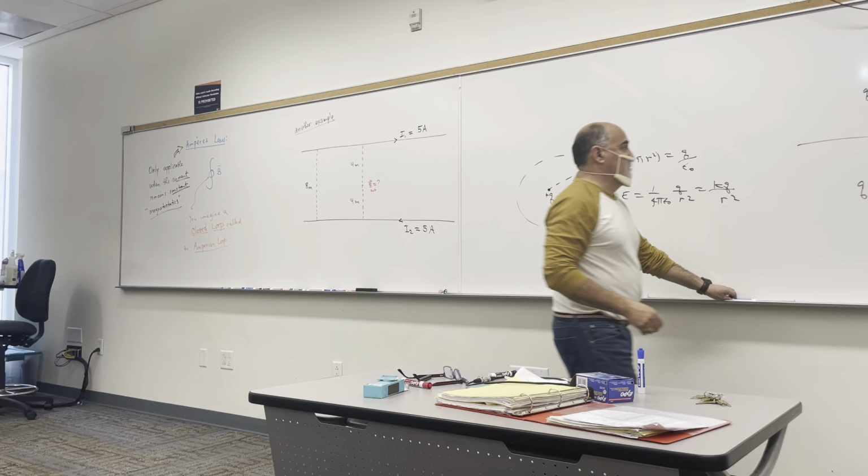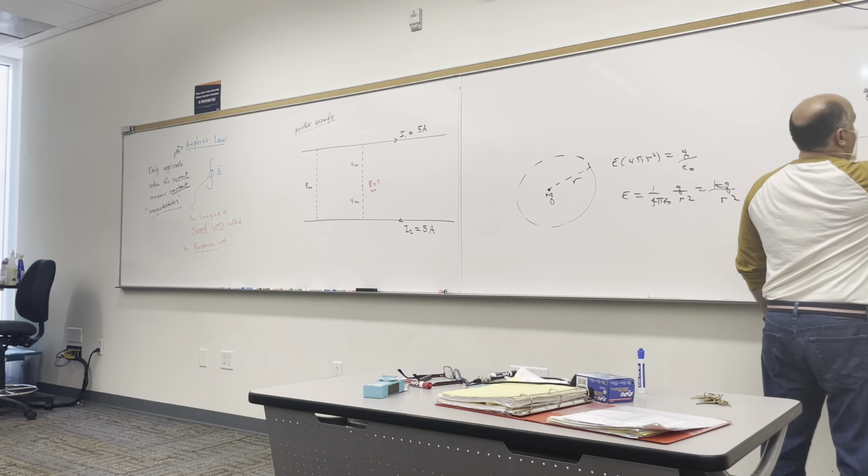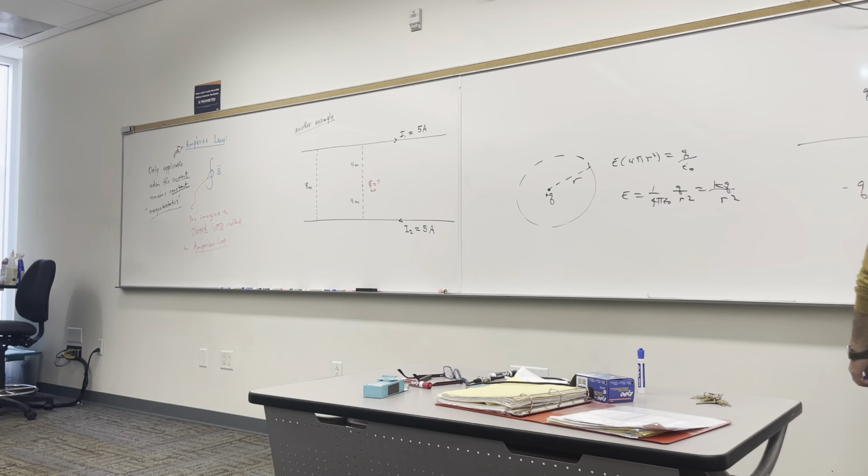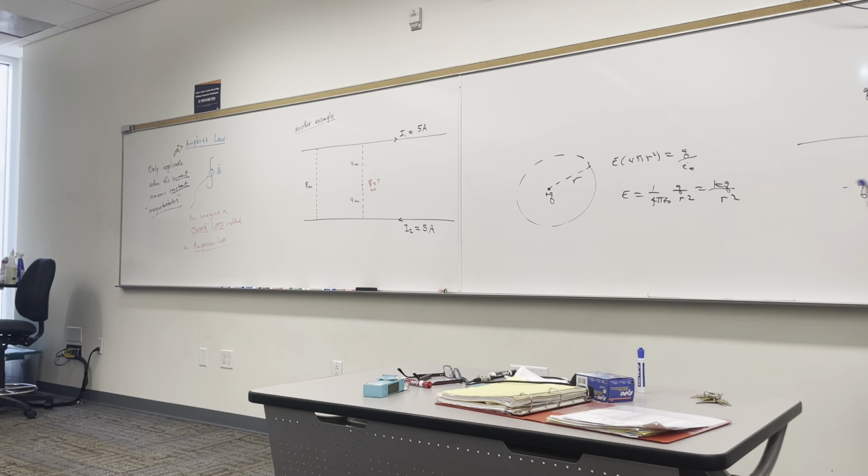If this is plus, you said it generates an electric field pointing away from it. If this is minus, you said it generates an electric field pointing towards it. And then you added the two vectors. So you use this result for each point charge, found the magnitudes and directions of the electric field there, and then you invoked the superposition principle, and then you added the vectors.